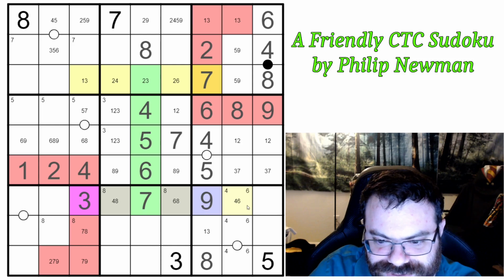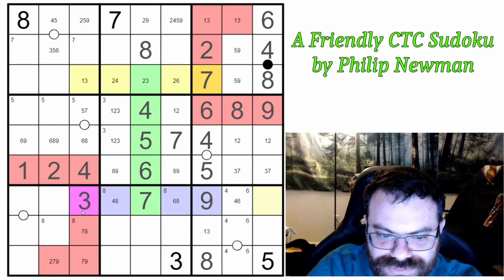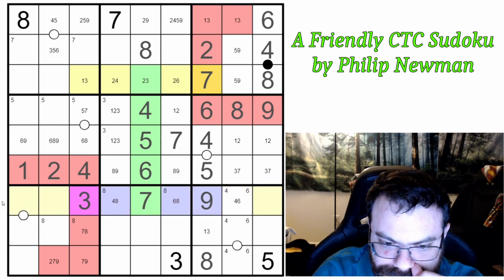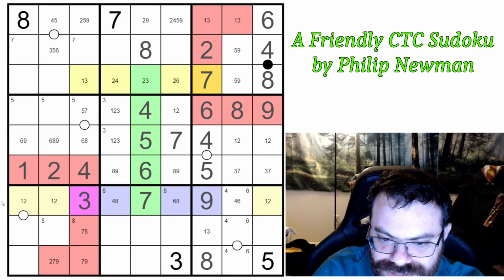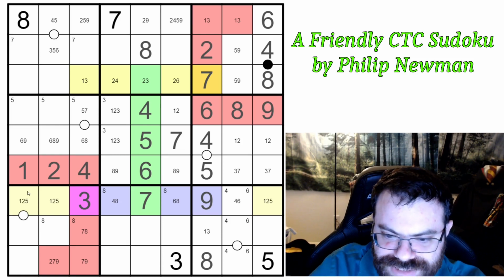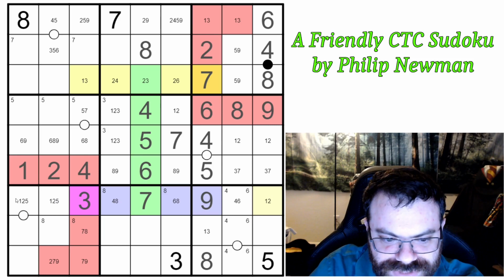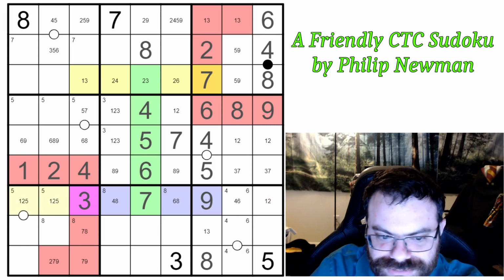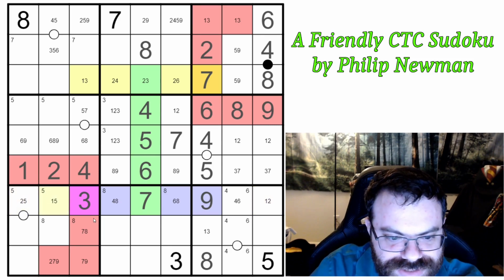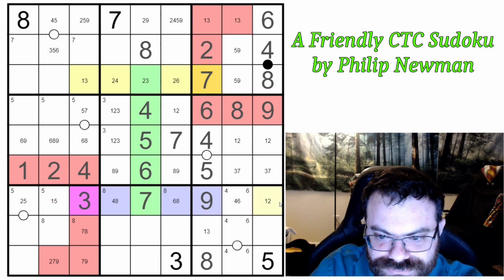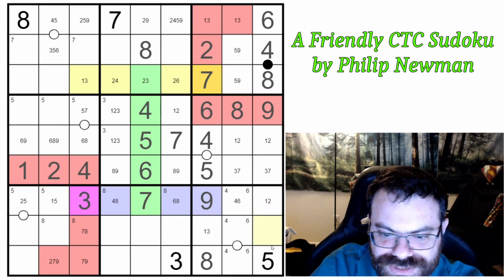Just double checking my work. I think that's true. So the rest of the row is 1, 2, 5. And this can't be 5. So 5 is up here somewhere. And this isn't 1, this isn't 2. We have a 1, 2 pair here, so this is 3, 7.